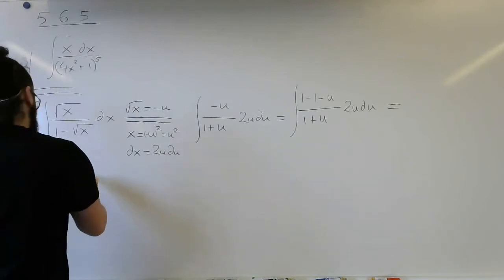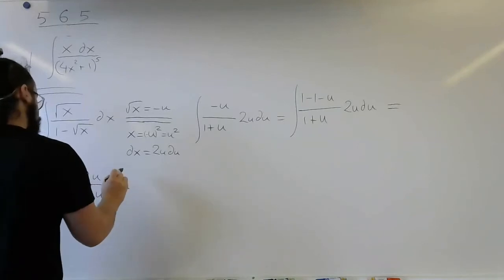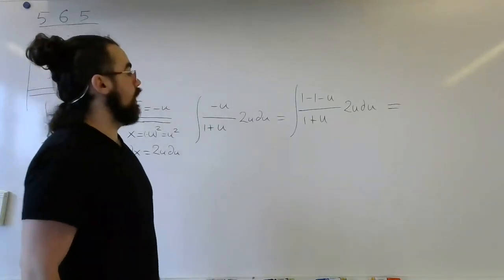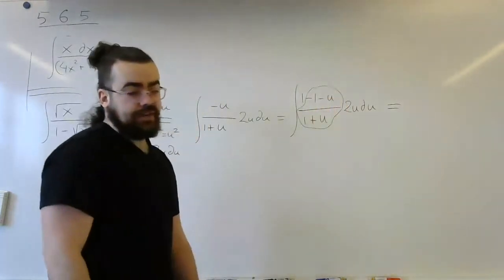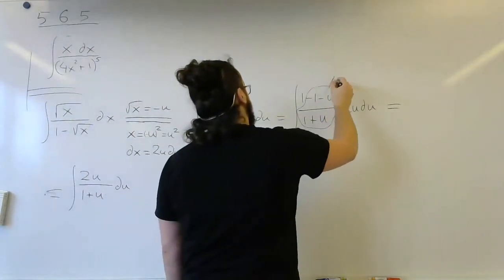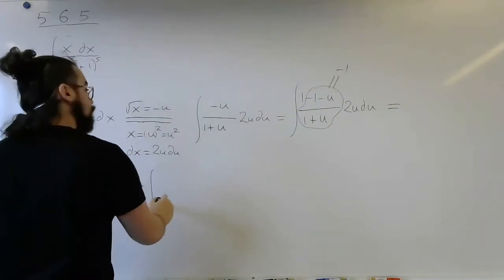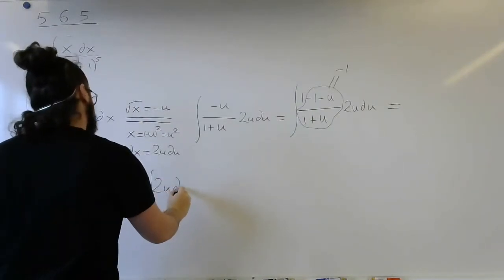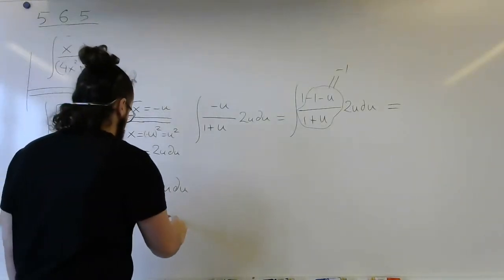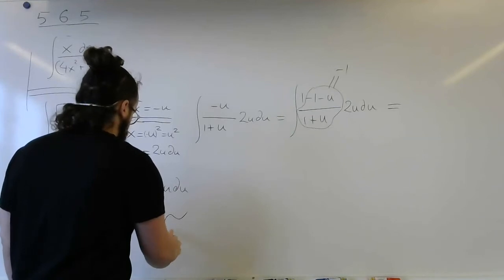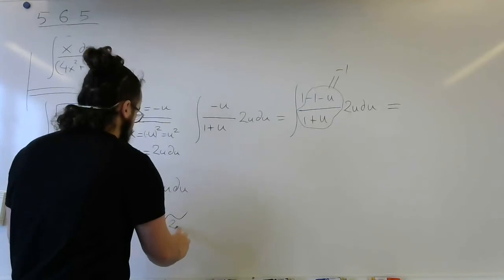And we have the integral of this thing right here, and here, notice all this fraction is equal to minus 1. So this thing right here is u squared.